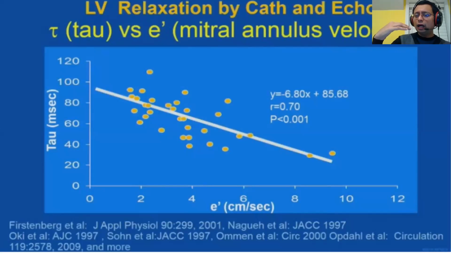As the tau worsens, the E prime actually goes lower. So for the first time, with the advent of tissue echocardiography, we can tell whether the tau is prolonged or not by looking at the tissue E prime. That is how this application came about.